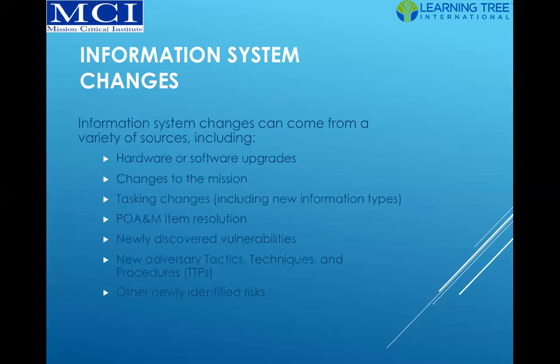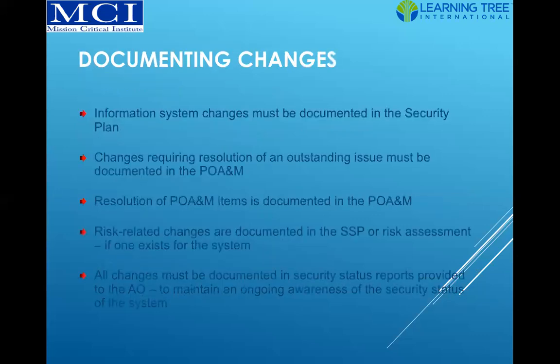Information system changes can come from a variety of sources, including hardware or software upgrades, changes to the mission, tasking changes including new information types, POA&M item resolution, newly discovered vulnerabilities, new adversary tactics, techniques, and procedures, and other newly identified risks.